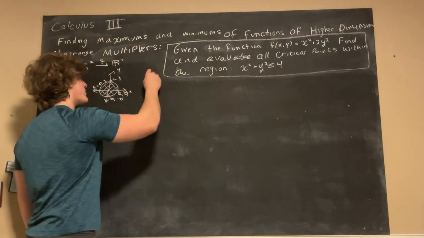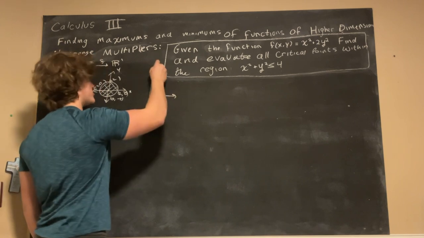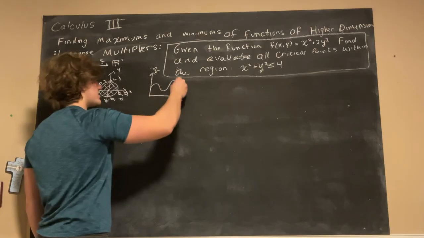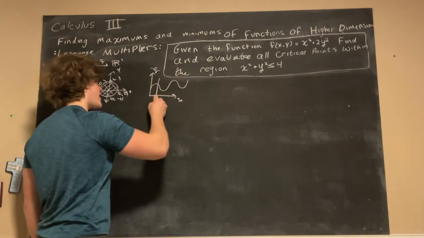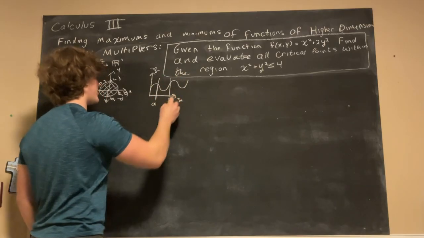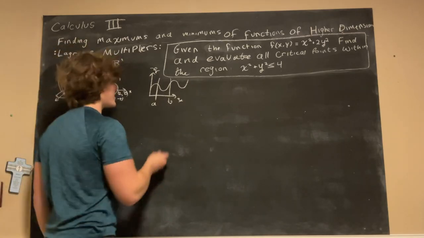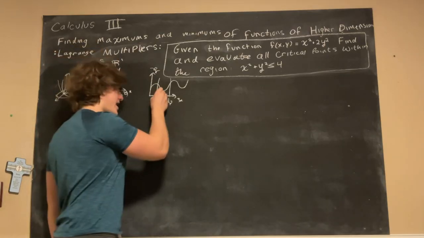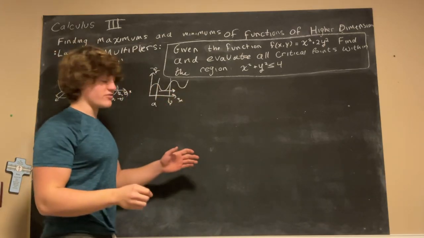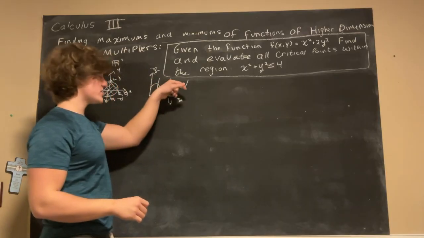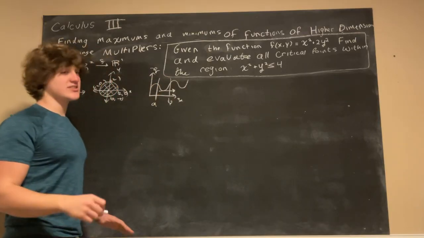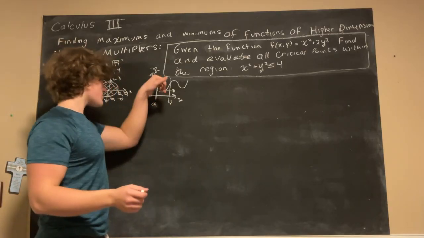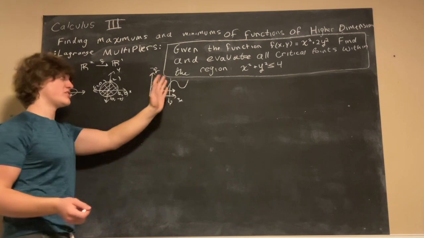If we have a function y of x from a to b as our constraints, rather than three-dimensional, then we must look at the endpoints and at a point where the derivative of the function, the rate of change, is equal to 0, to find our relative or absolute maxes and mins in this domain. This is assuming f is continuous, by the way.